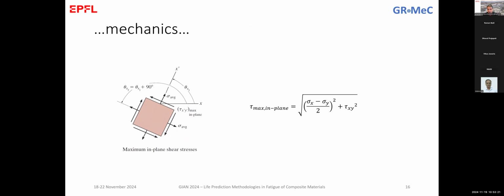This is the transformation of stresses, and the maximum in-plane shear stress is given by this condition. And in the case where you have only uniaxial loading, it means that this is 0 and this is 0. So your maximum in-plane shear stress is more or less half, because the 2 goes out with the square root, more or less half of your tensile strength.